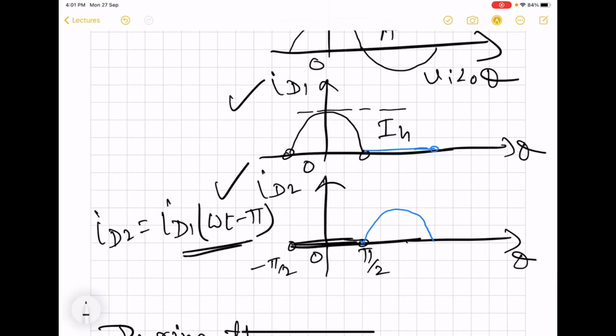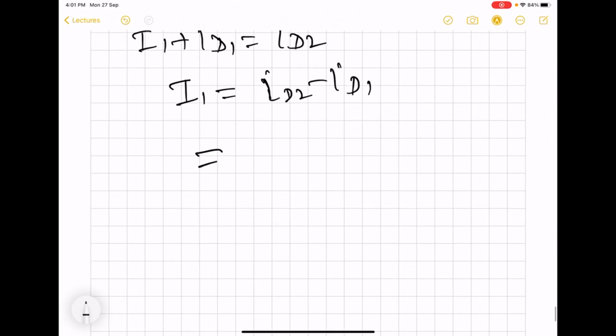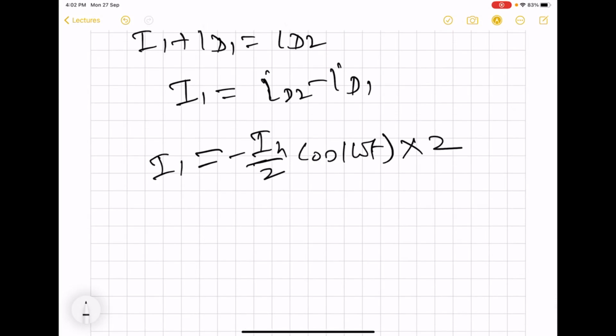The DC part and even harmonics are going to be as they are. So what we will see here is IH by 2 cos omega t into 2. Like, one minus sign will be there.